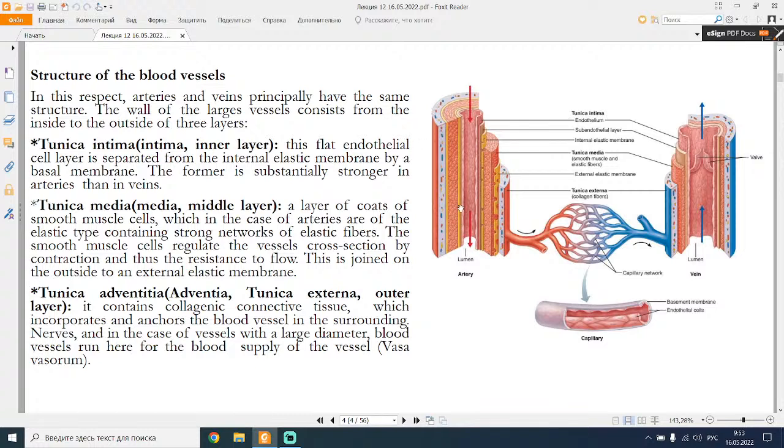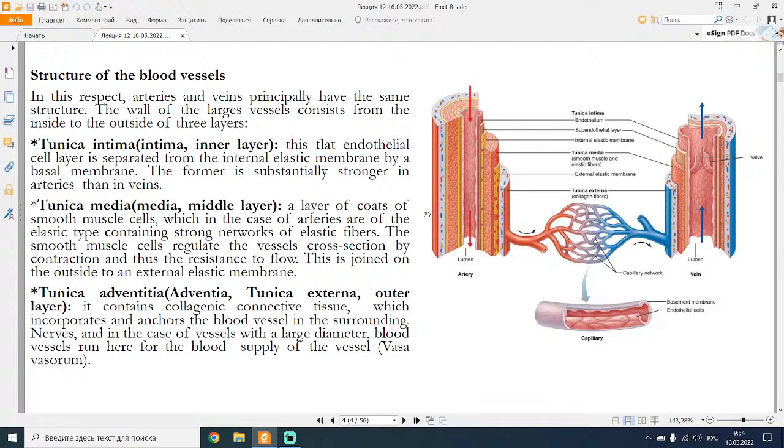This is joined on the outside to the external elastic membrane. What you see in yellow color is the internal elastic membrane and the external elastic membrane.